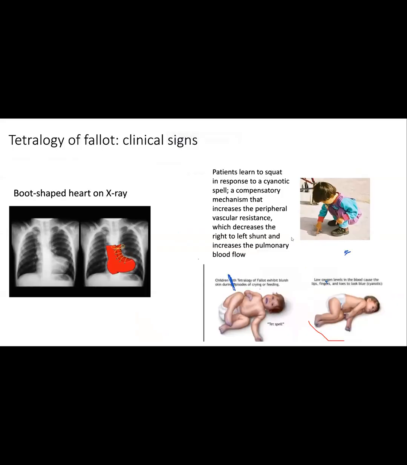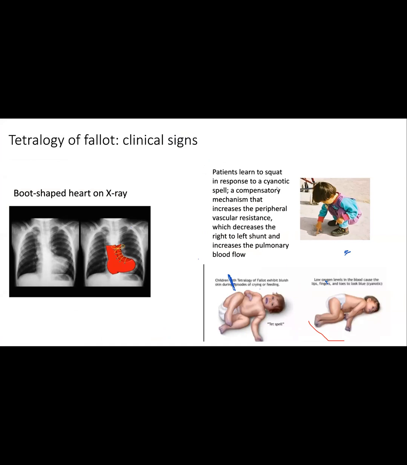Yes, please. Okay. So in terms of symptoms, the children develop tet spells, which are like a sudden decrease in oxygen saturation, and this is characterized by a harsh holosystolic murmur at the left upper sternal border. Usually the children have low oxygen in the blood, and this makes their lips, fingers and toes appear more cyanotic.